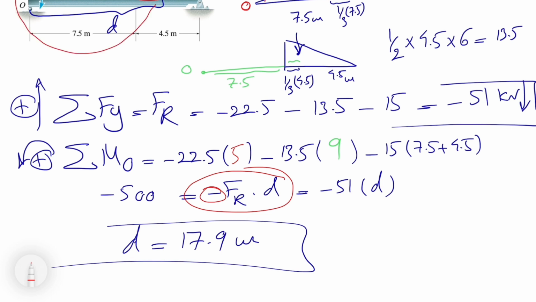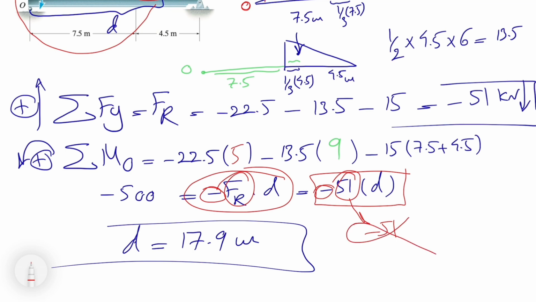One mistake that I see a lot is this: on the other side, I put a negative sign here because I know that my Fr is somewhere in here, and it's going to make a clockwise moment. So I'm just going to put this negative sign regardless of what we have for F. And same here, we know the moment of that force will be negative. So we put a negative sign here, and we put the magnitude of force 51.